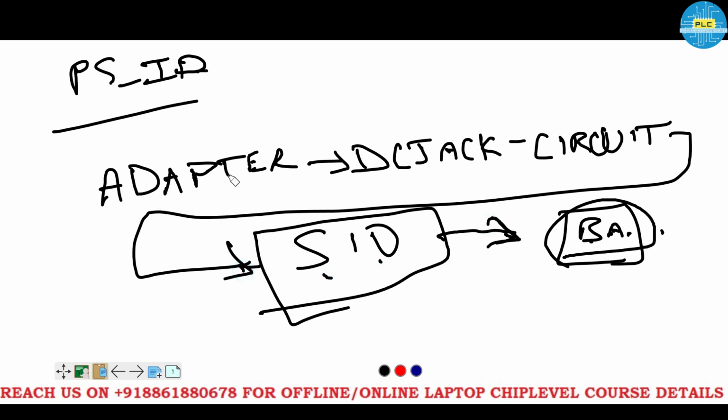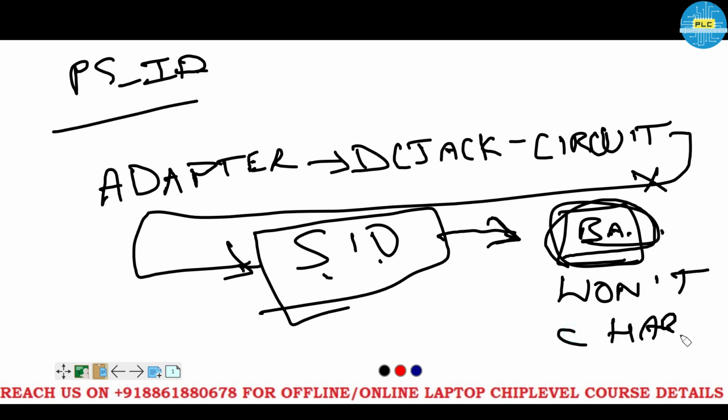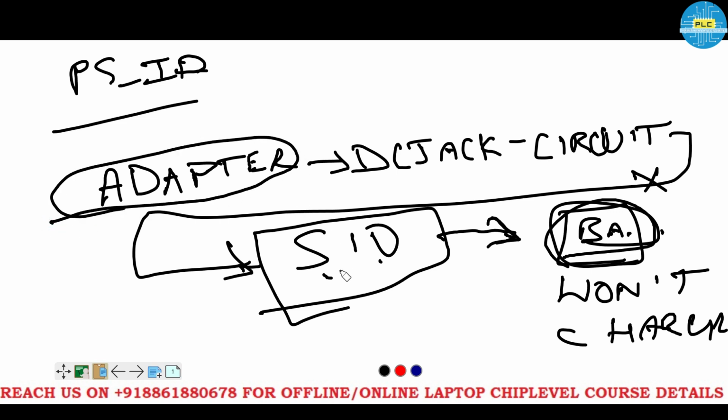Okay, if there is any interrupt in between this circuit, the battery won't charge. See, the first term is the adapter as the source, the destination is the Super IO. In between, this circuit is very important.